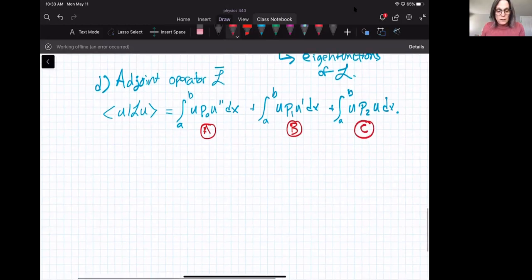All right, so we'll start with A. So A, we're going to first integrate by parts once.